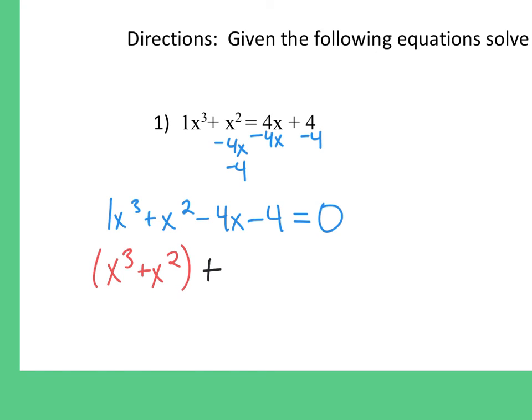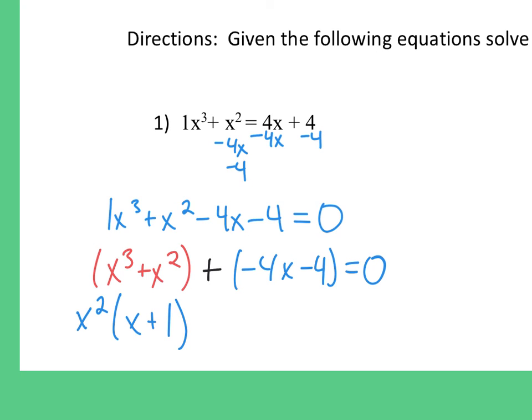All right, you should be following along up here, guys. I'm breaking these apart into two sets of parentheses. My first set, they don't have any coefficients, so I don't have to worry about that. X to the third and x squared, what do they both have? X squared. What's going to be left? Good, x plus 1.